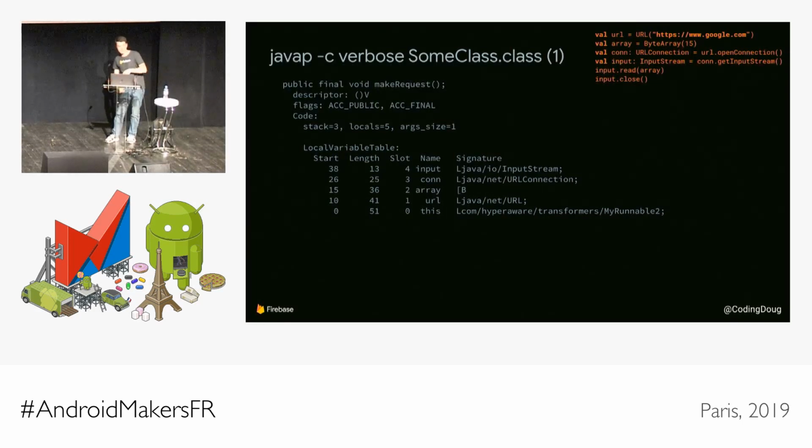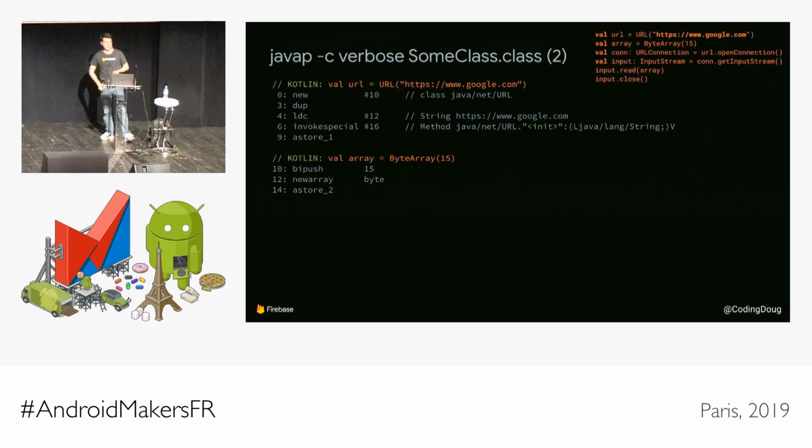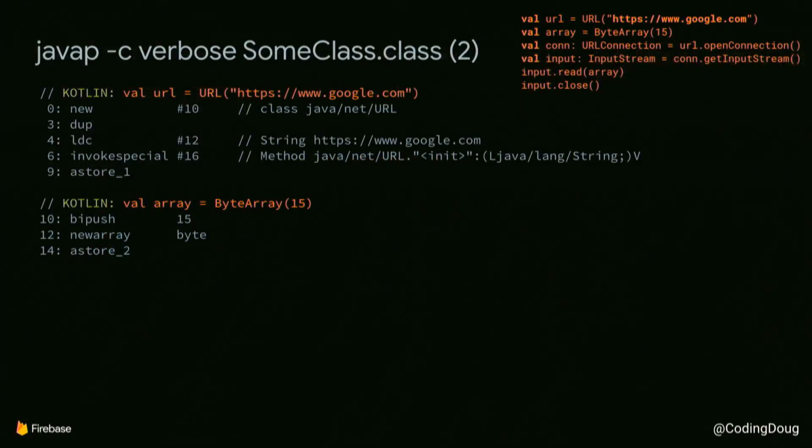If we go further and look at the instructions themselves, you can see how the Kotlin maps into equivalent bytecode. Starting at index 0, it creates a new URL instance, passes it a string, and invokes the constructor on it. Now we have an object in local variable 1.